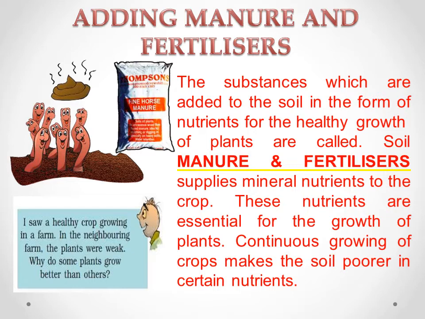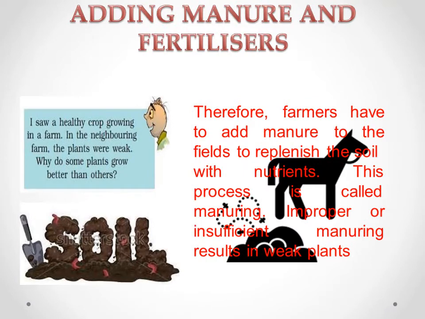Continuous growing of crops makes the soil poorer in certain nutrients, and hence we are supposed to add the essential amount of manures and fertilizers. Farmers have to add manures to the fields to replenish the soil with nutrients.